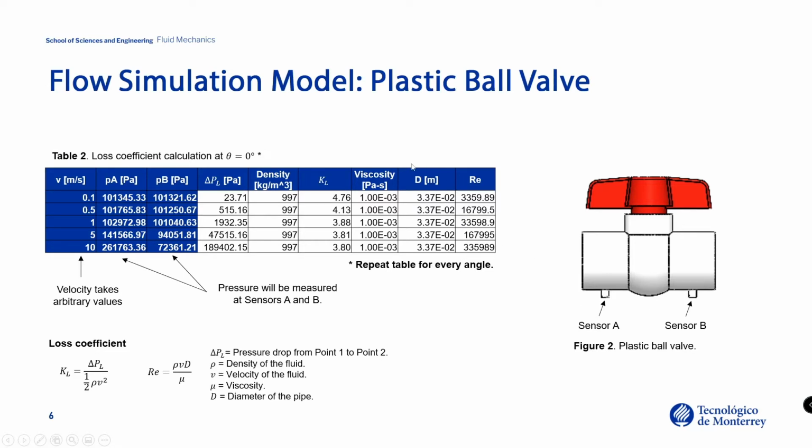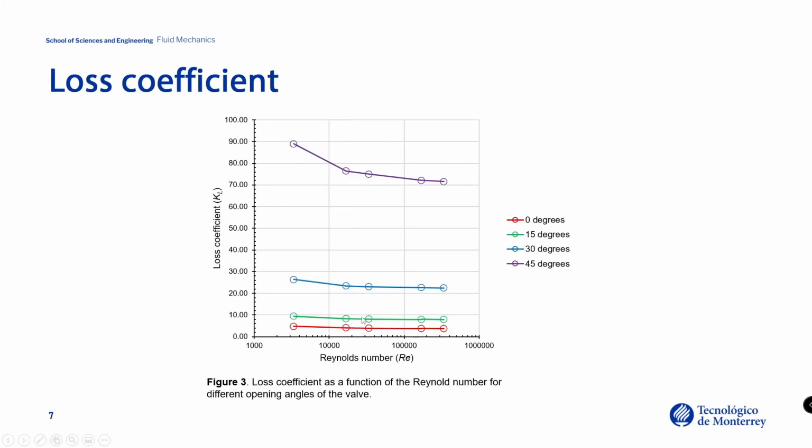Here we're going to use, and you can also use, this number for the diameter of the pipe. Once you have the Reynolds number and the loss coefficient, you can obtain these plots.